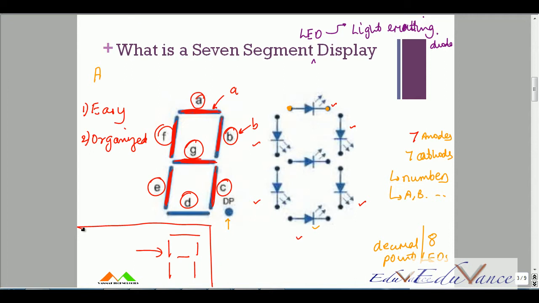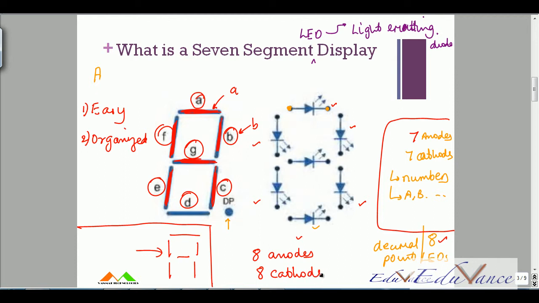Okay, that said, let's quickly understand another point, that we have 8 LEDs, which gives us a total of 8 anodes and 8 cathodes. That makes it a total of 16 inputs. Now, as we see, that is a very high number.